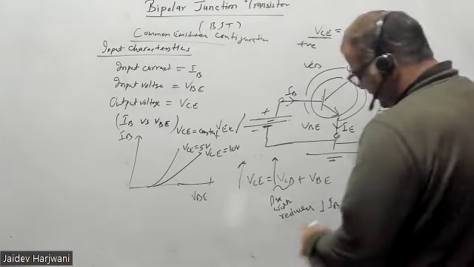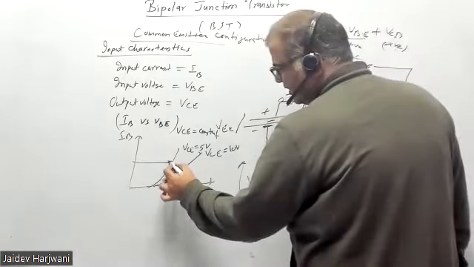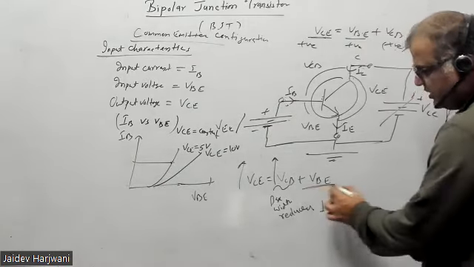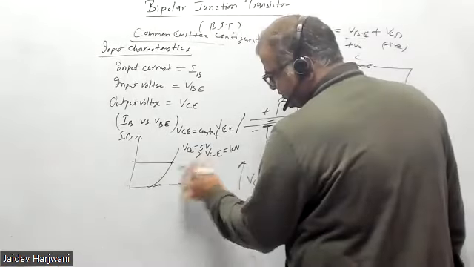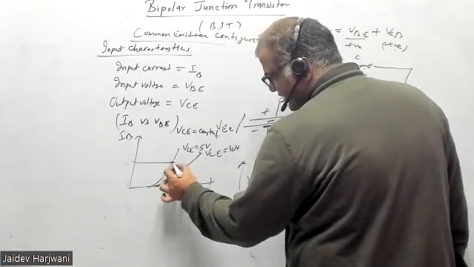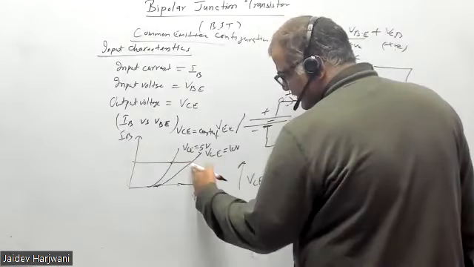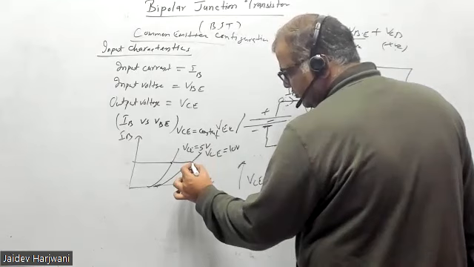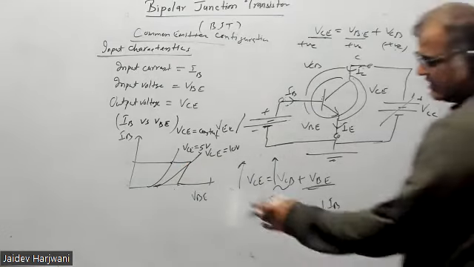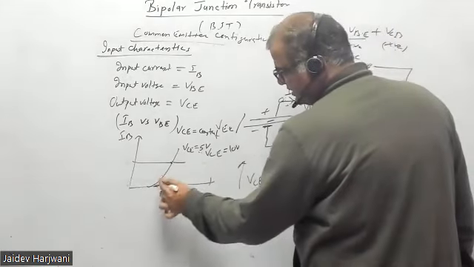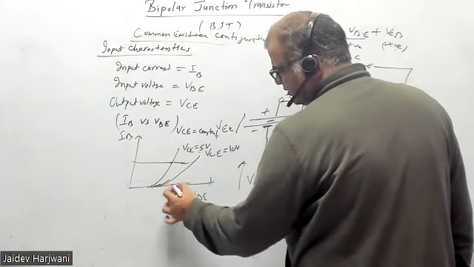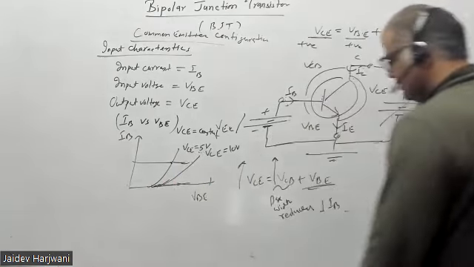Now if you want to get the same IB, you have to increase this VBE. That is why, if you want the same current at different VCE, you have to apply a higher VBE. So that is the reason this curve comes like this. I hope it is clear to you. It's clear? Yes, sir. Okay.